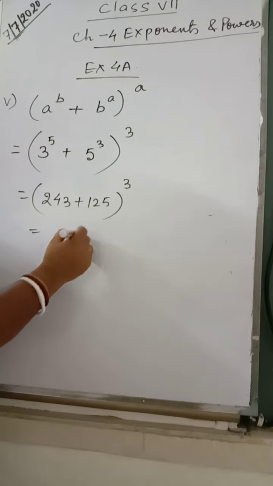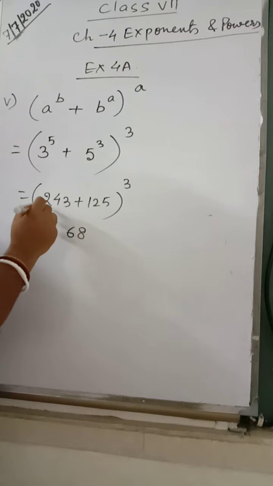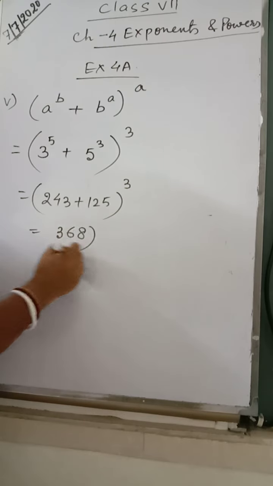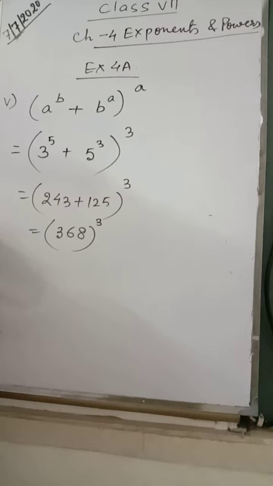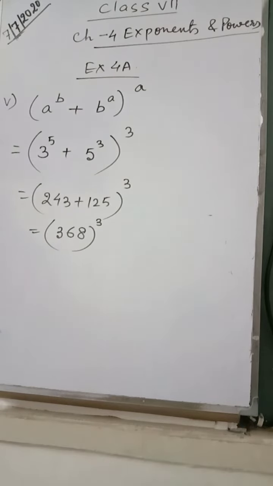That gives 368 to the power 3. Now this 368 into 368 into 368 I am not going to do. Who has to do it? You have to do it. Okay.